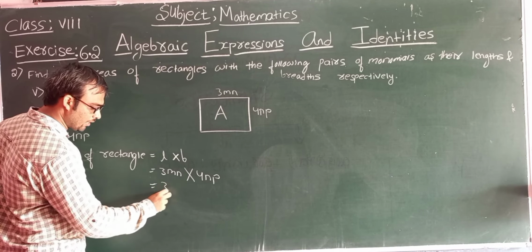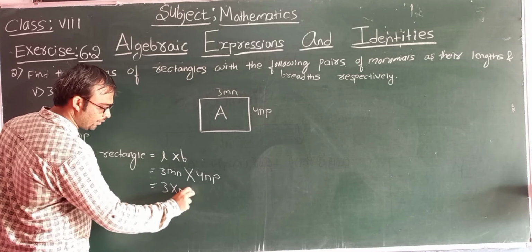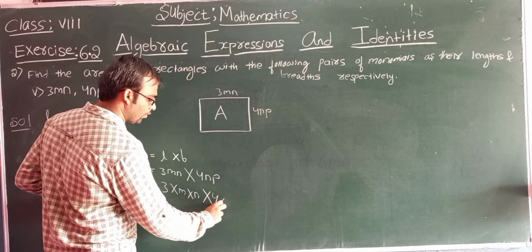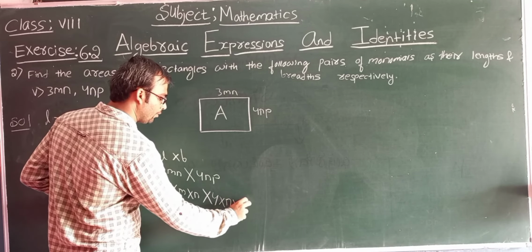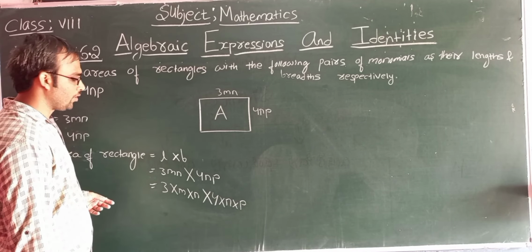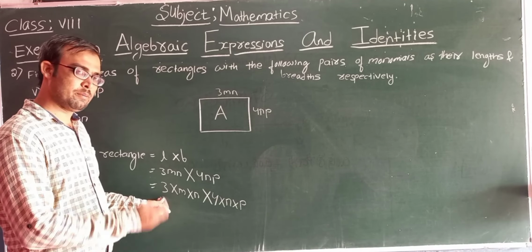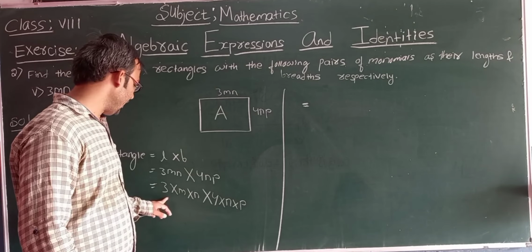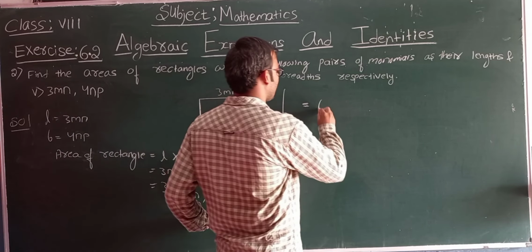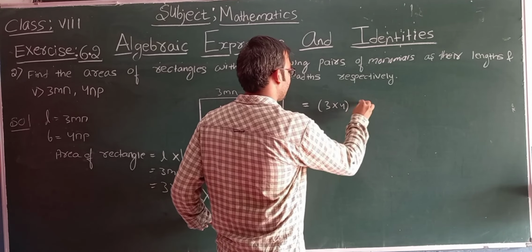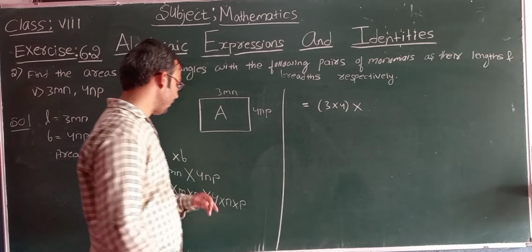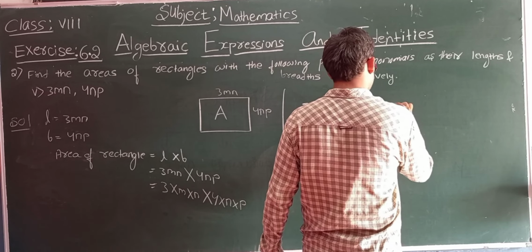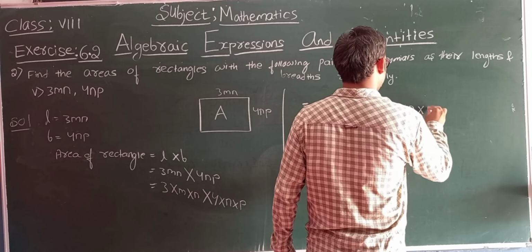3mn is nothing but 3 into m into n, and 4np is nothing but 4 into n into p. Students, we can group numbers one side and variables one side. So group 3 and 4, then variables m into n into n into p.